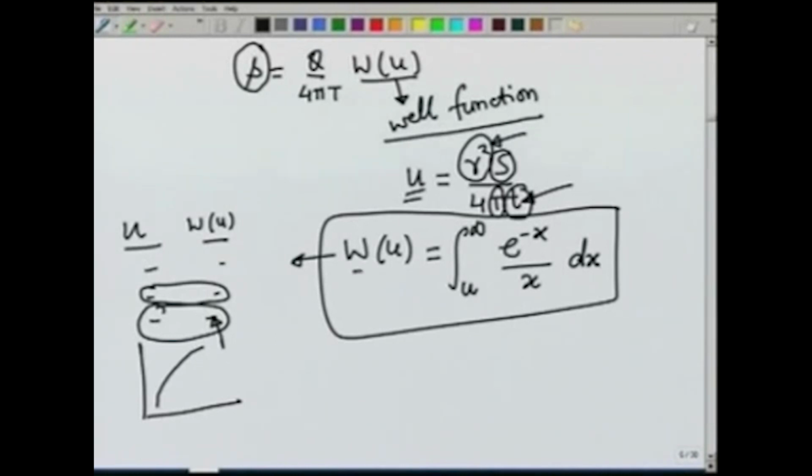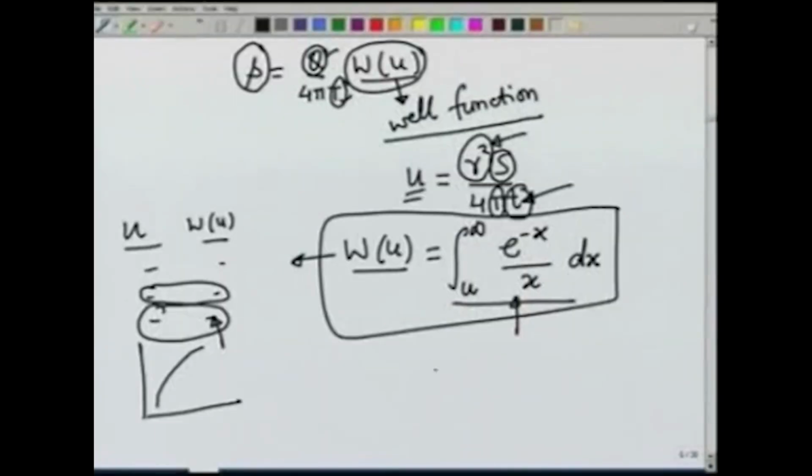Once we obtain the value of W(u), getting the drawdown is straightforward because Q and T are assumed to be known.